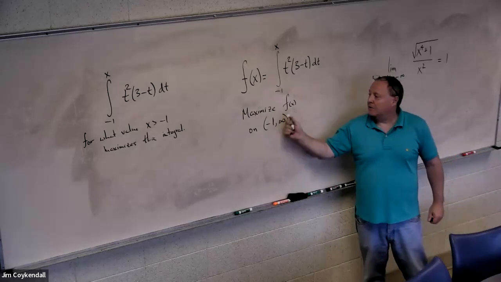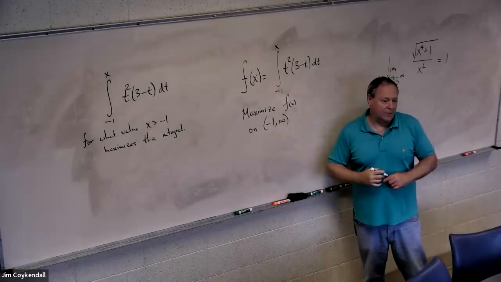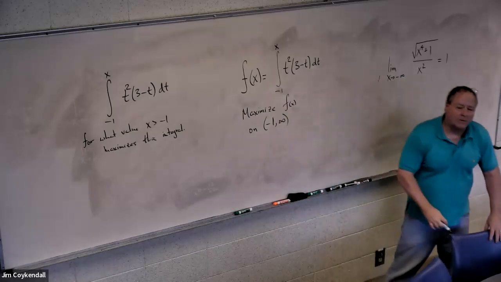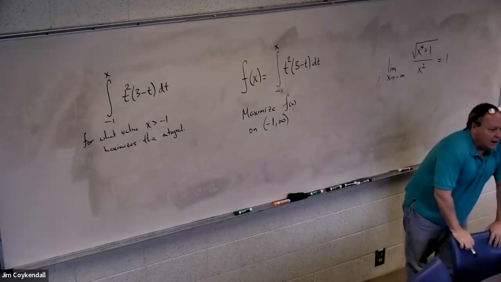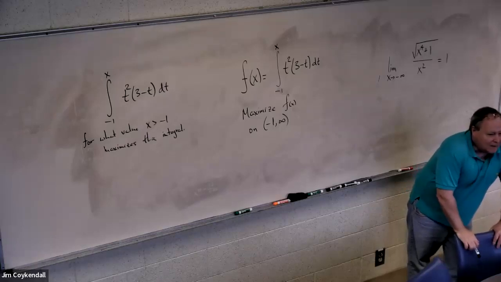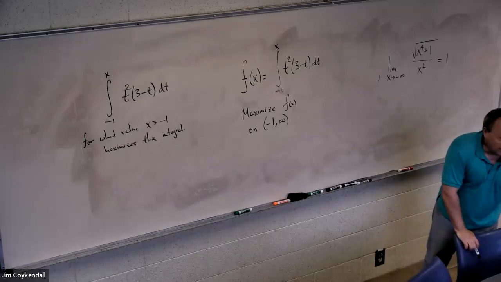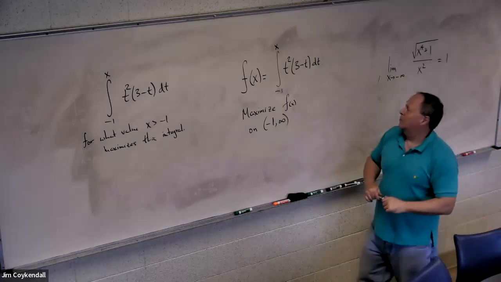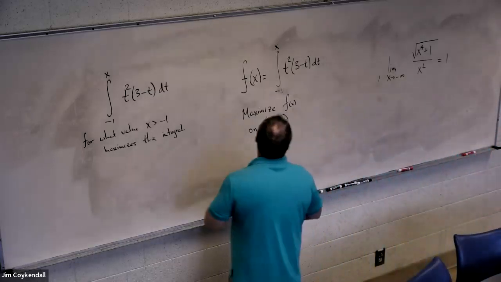Now, find how big this function can be on the interval from -1 to infinity. Don't let the fact that I'm writing this interval this way confuse you. I'll do it another way.